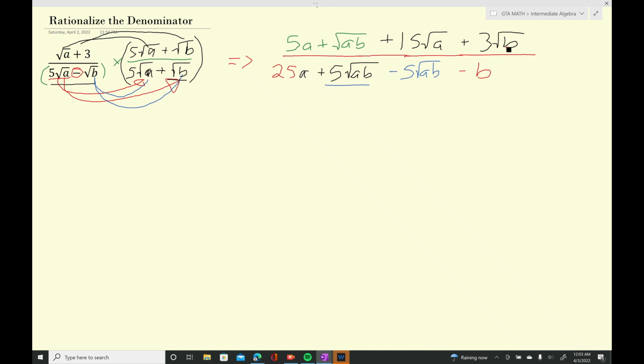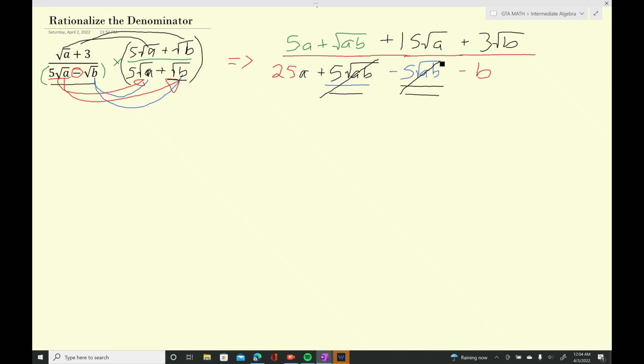Since we finished rationalizing the denominator, or almost, now we're going to combine like terms and clean stuff up. I see like terms here, the two things that are underlined on the bottom. These cancel each other out because this is a positive version of it and here's the negative version.